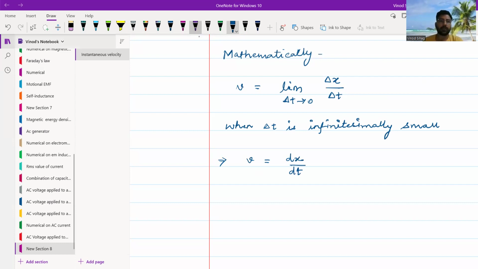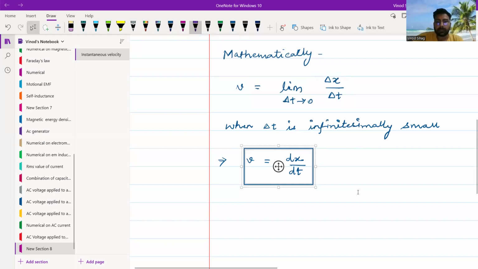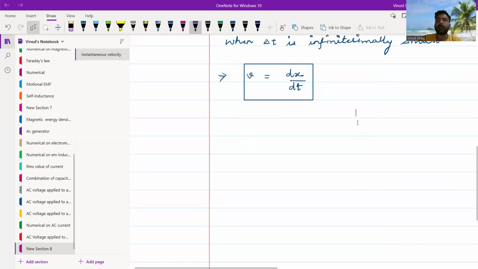That's how we can find out the instantaneous velocity by using the concept of average velocity, where dx over dt is nothing but the differentiation of the position of any object with respect to time. That is instantaneous velocity.